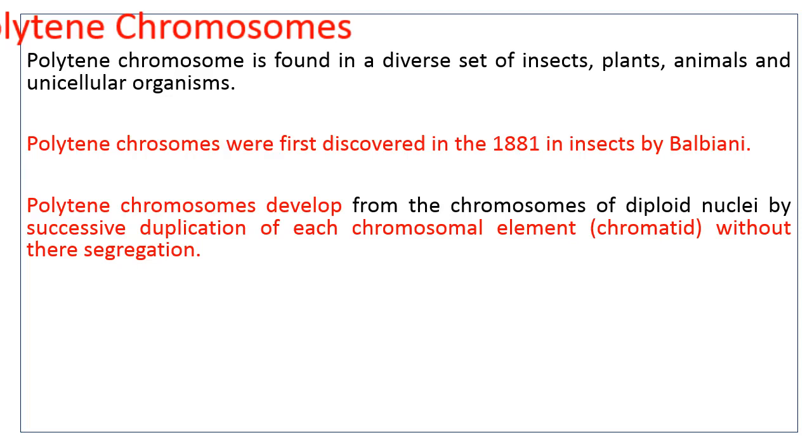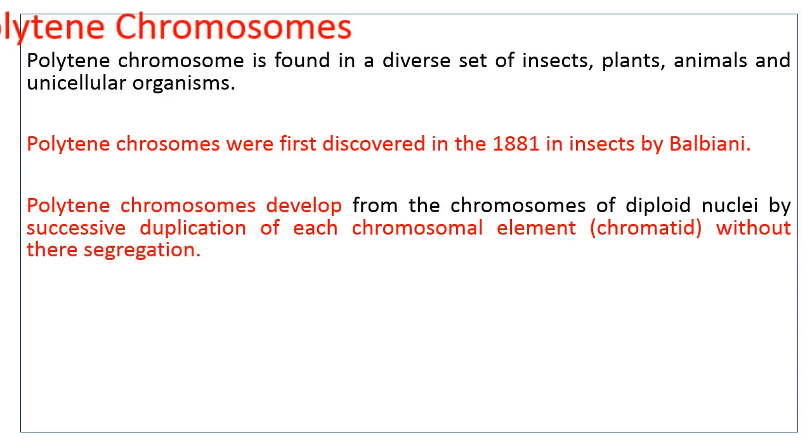All the duplicated chromosomes remain together in the same cell, and this increases the ploidy of the cell, and in it the polytene chromosomes form along with their sister chromatids.